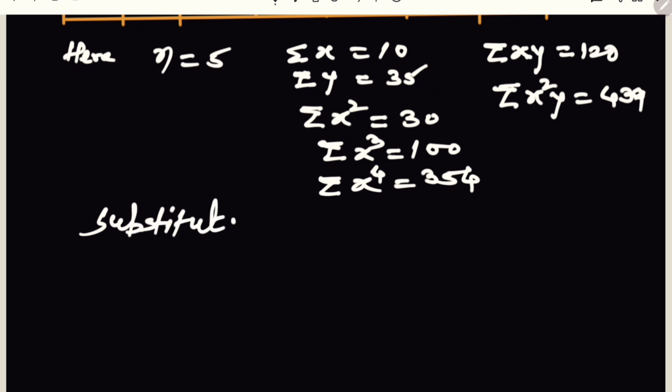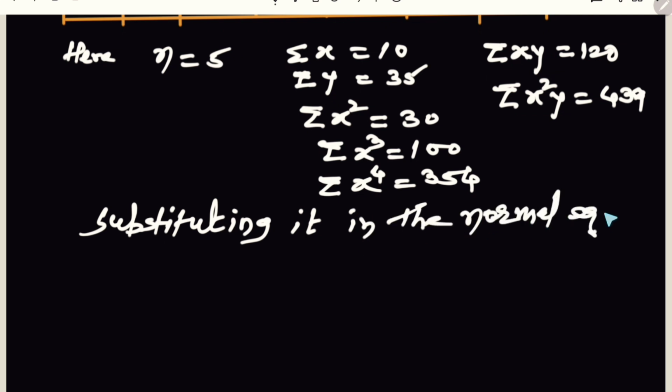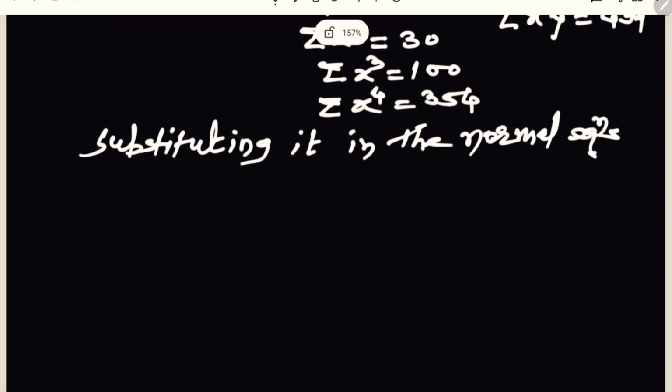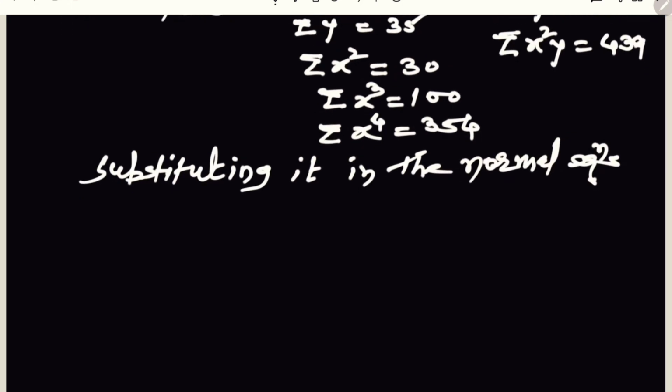Then, using these values in the normal equations, once again I will repeat the equations. The first one is n into a plus b into summation of x plus c into summation of x square is equal to summation of y.